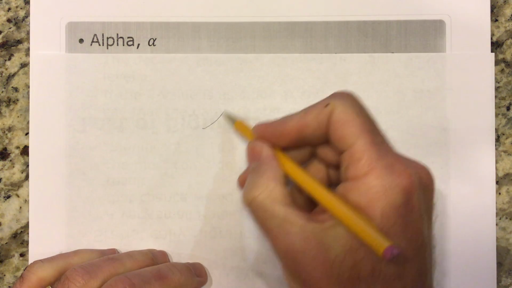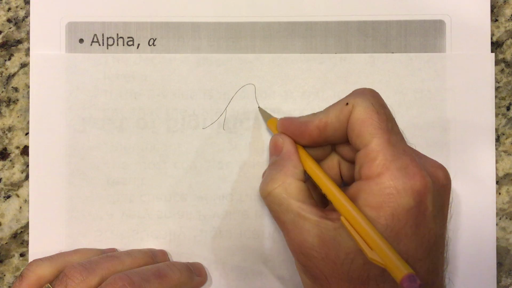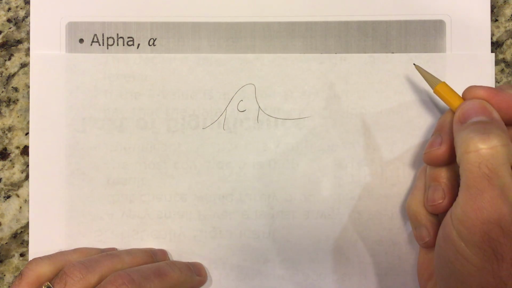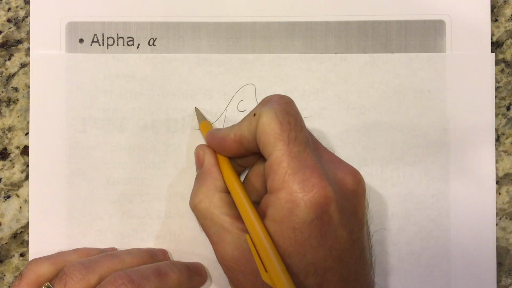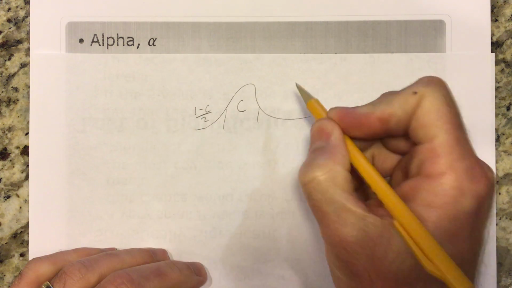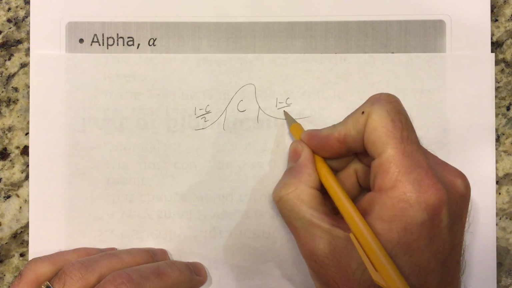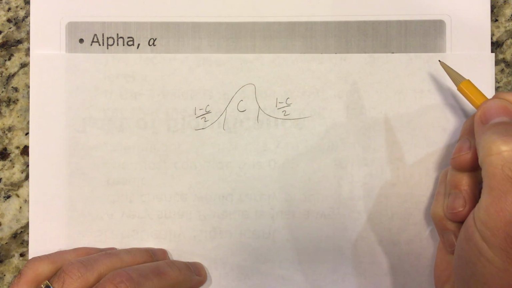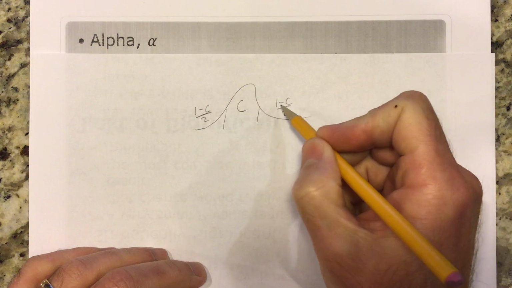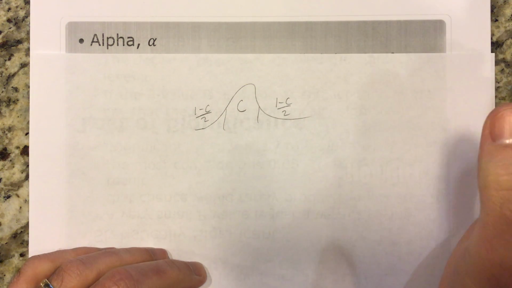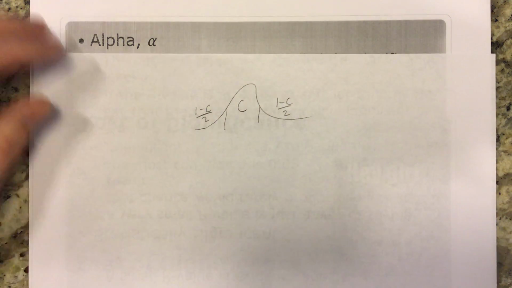When we were talking about this little diagram here, we had our confidence, and over here we said, oh, well, this is going to be 1 minus the confidence divided by 2, and so is this. And then we're saying, rather than writing 1 minus the confidence, we could just call it alpha. So there you go.